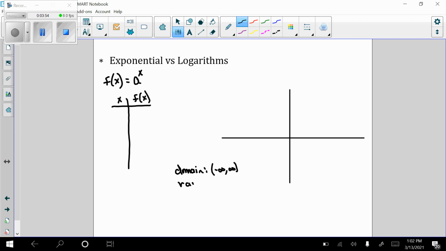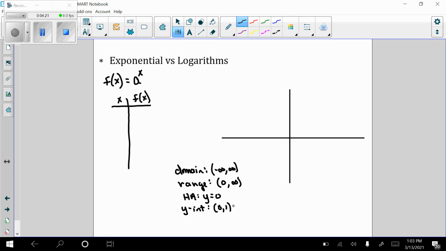You have a range. If you remember, we have a horizontal asymptote at 0. So 0 to infinity. We have a horizontal asymptote at y equals 0. And we have a y-intercept of 0, 1.